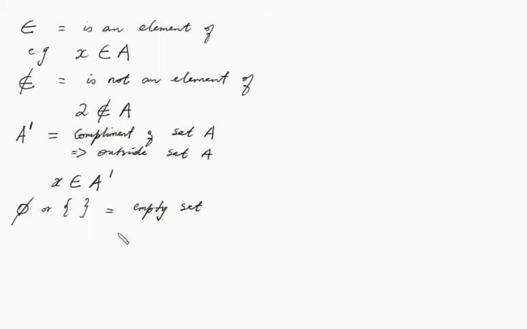So if there are no elements inside a set, we represent it like this. We can say A equals an empty set, all right? Or A is an empty set, just like that. That means it has no elements, right? There are no elements in set A.